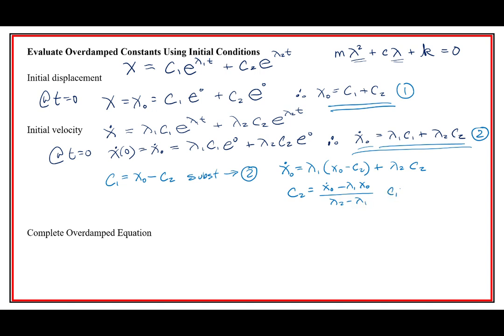Similarly, C1 is equal to x naught minus all the stuff we just wrote, because I could put C2 back into equation 1. And you go lambda 2 minus lambda 1. I'm sure there is some rearranging that can be done, but we can just go ahead and write out this equation if we needed to.